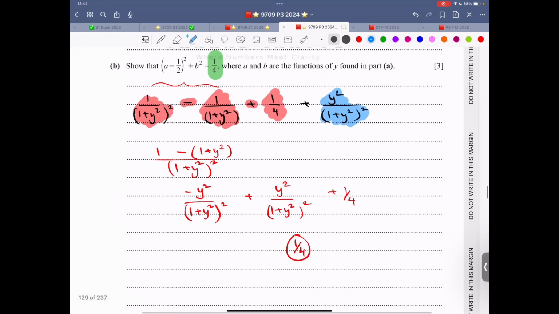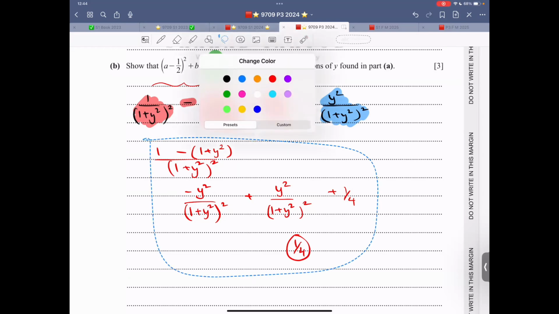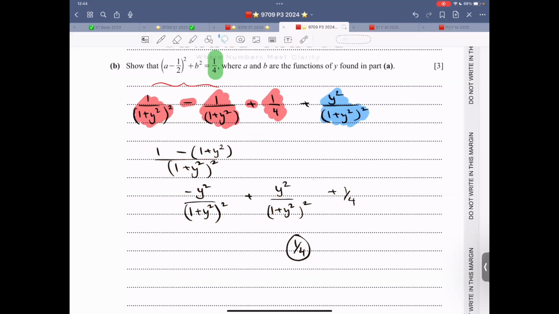So now look over here. When I take the LCM of these two, this is minus y square over this thing. So let me just write everything in black color. Okay. So when I take the LCM of these two, this, the reddish color thing, is this minus this, and this is coming out to be this.